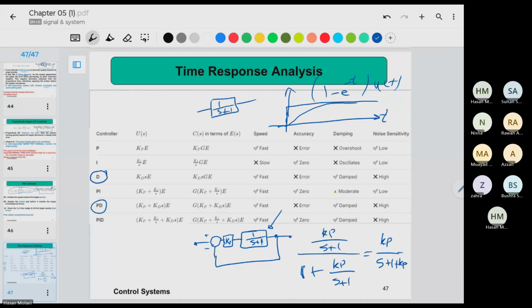Can maybe I write it this way. You need to divide it by KP, right? The 1 over S plus alpha. Yeah.